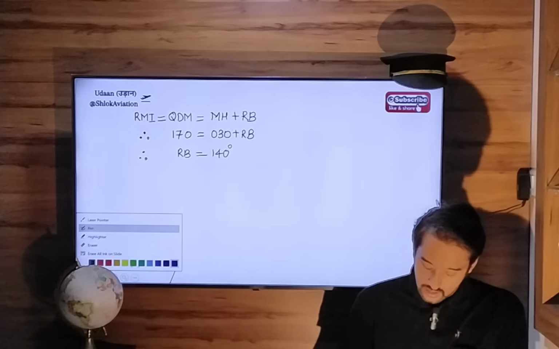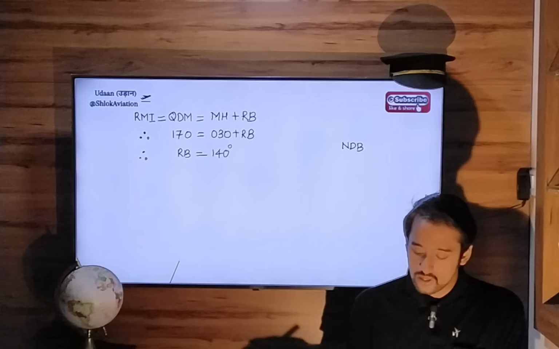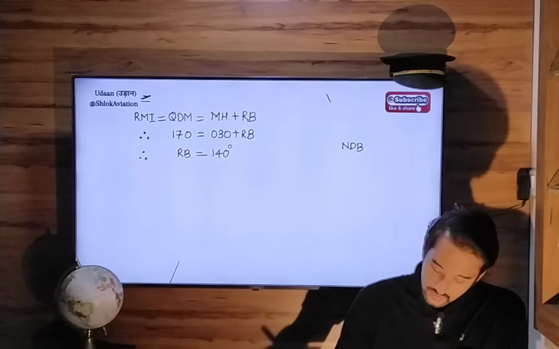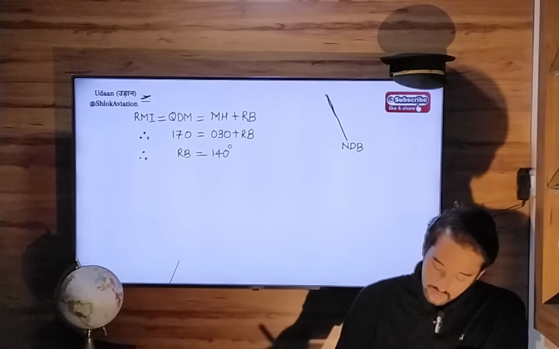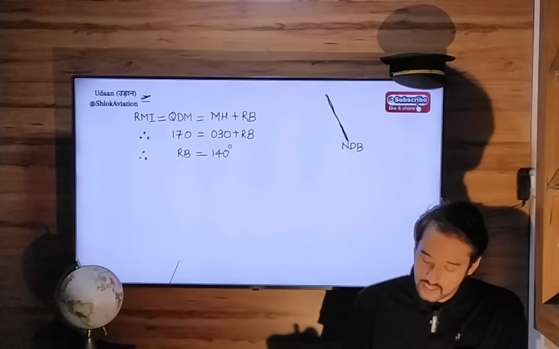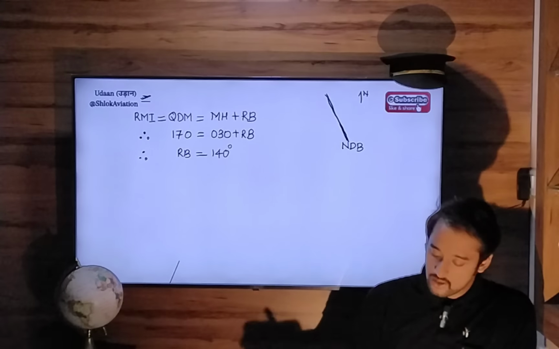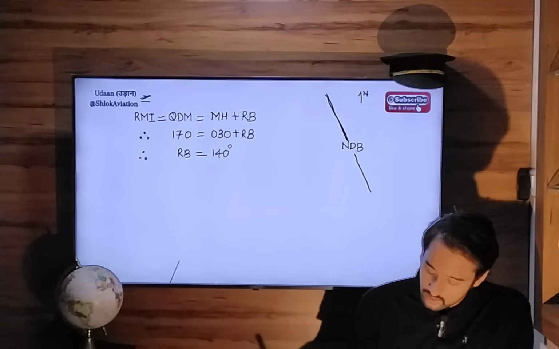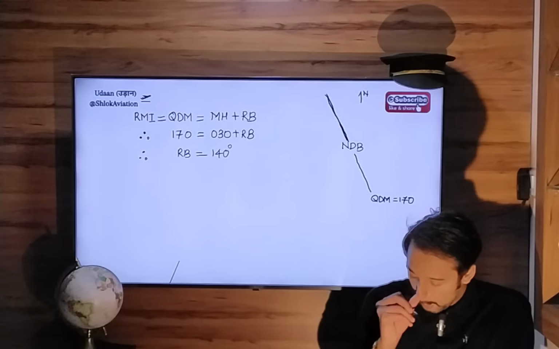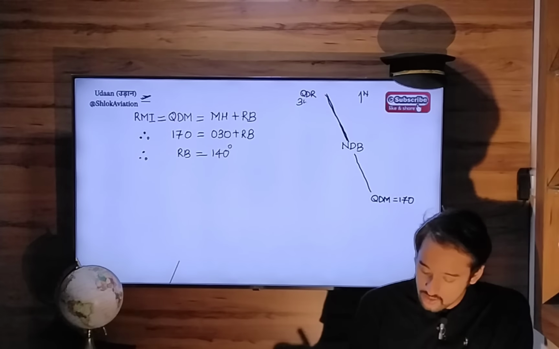Let's draw this. Let's say this is your NDB station. The QDM to the NDB station is 170. Considering this is your north datum, 170 will be your QDM. QDR will be 350.